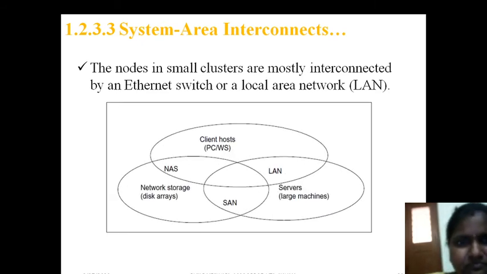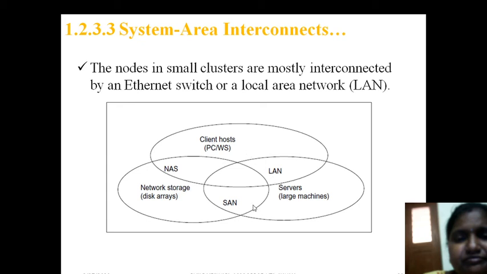See this. Here we have three types of networks. We know about local area networks, storage area networks, and network attached storage with disk arrays. How they connect, we can see. The LAN, local area network, is useful to connect clients and servers.